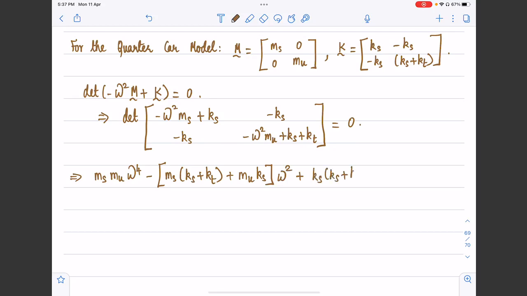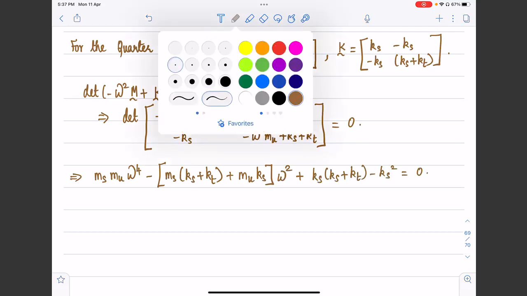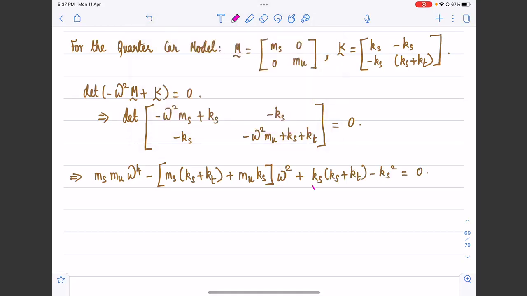I'm just cross multiplying, okay? I'm not doing anything more. Ks times Ks plus Kt minus Ks squared is equal to 0. Okay, so this is what we have. In fact, if we simplify this constant term, this will come out as Ks Kt.